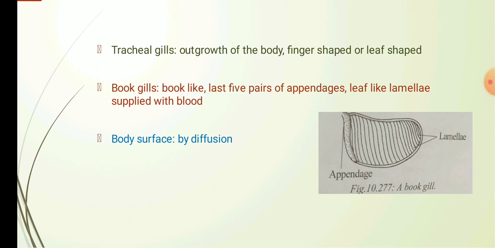Blood gills occur in Trichoptera and Tipulid larvae. So this is about the blood gills.